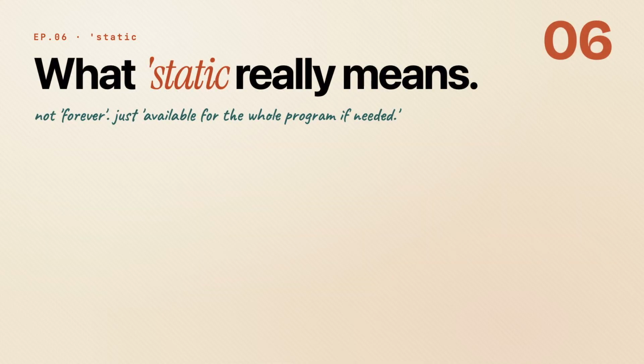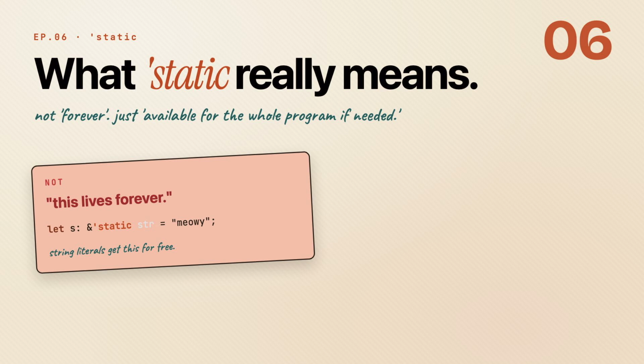Let's clear up one last concept: the tick static part. People read it as it lives forever and panic, but that's actually not the case. And here's what you have already seen: every string literal in your program is a tick static.